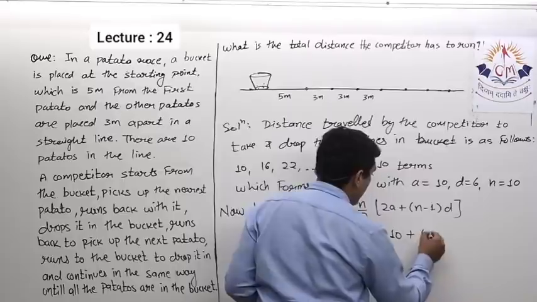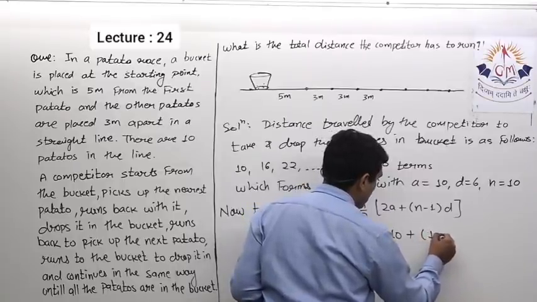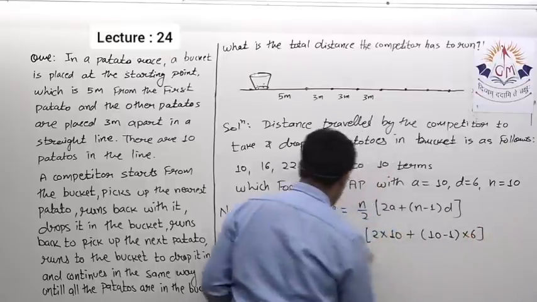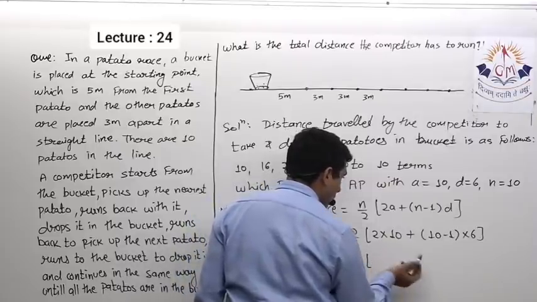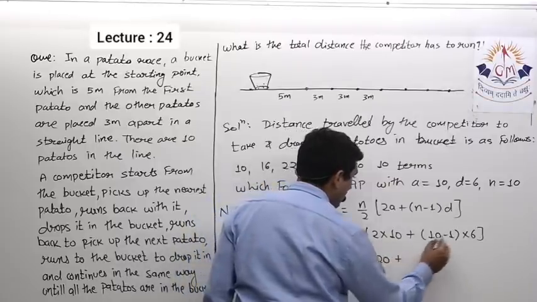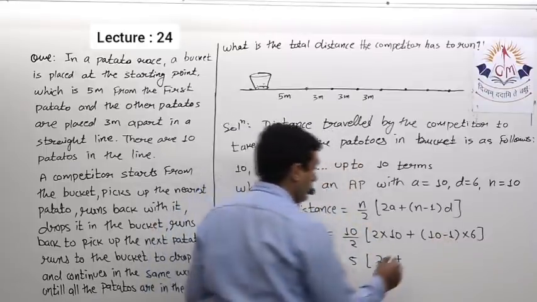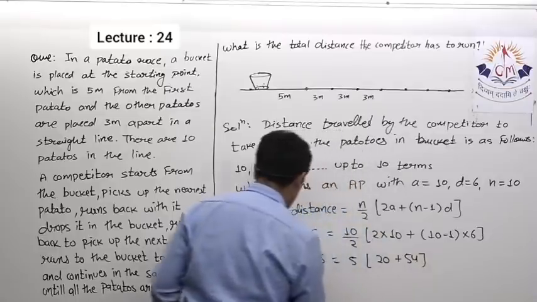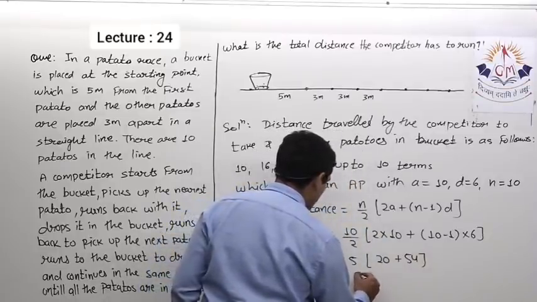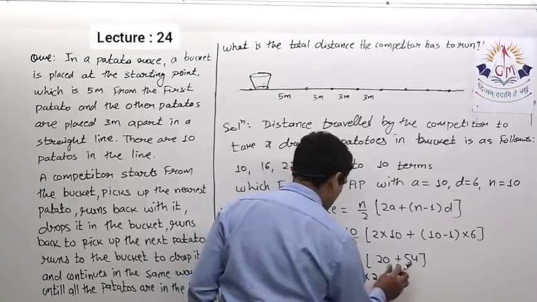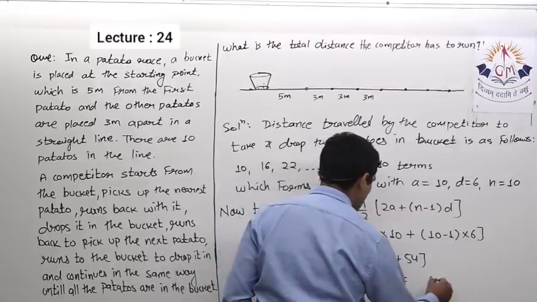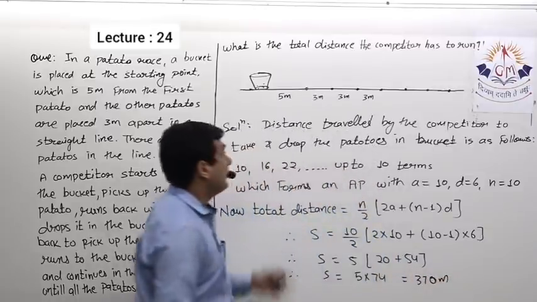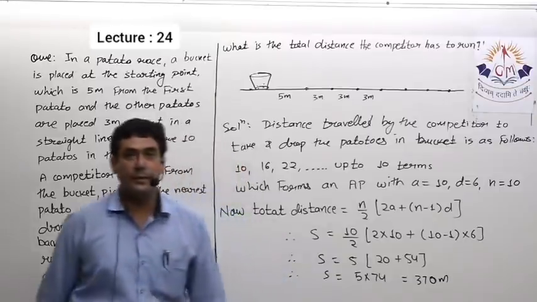Plus n minus 1, n is 10, 10 minus 1. d is 6. So in this way 10 by 2 is 5, 2 into 10 is 20, 10 minus 1 is 9, 9 into 6 is 54. So here I'll get S is equal to 5 multiplied by 74, that is equal to 370. So the total distance the competitor has to run is 370 meters.